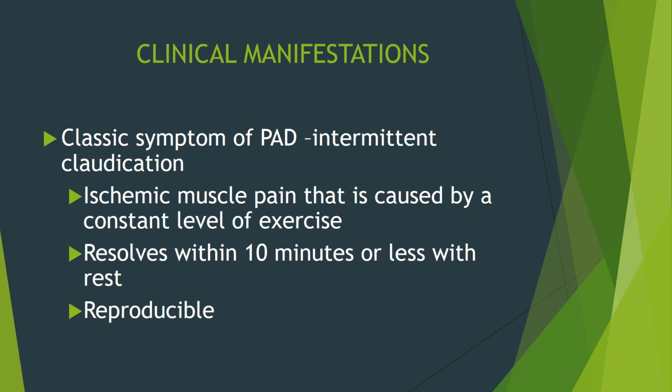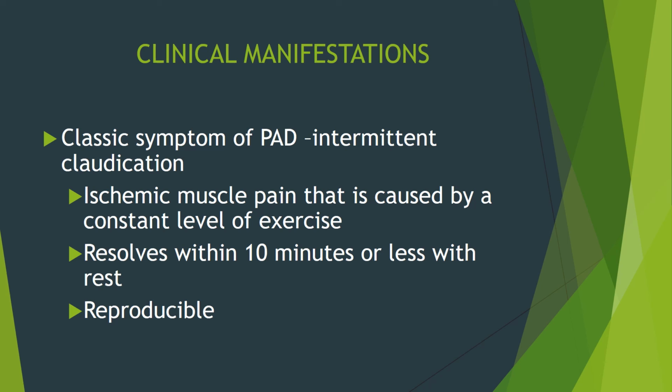This pain is caused because they have blockage in those blood vessels that are feeding their lower extremities, and so they don't get enough oxygen. And what happens to our body when we don't get enough oxygen? What happens to our metabolism? If you think back to biology, what did you learn about metabolism? If we don't get enough oxygen, we can't have aerobic metabolism, and what do we switch to?